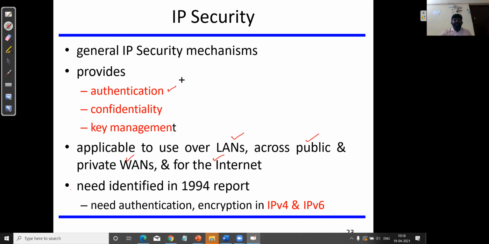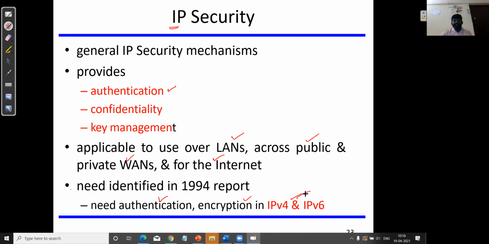So we can apply this IP security in different locations, whether it is a LAN network or WAN network. Wherever the internet is connected, in all these situations we can use this IP security, in order to achieve authentication as well as encryption.